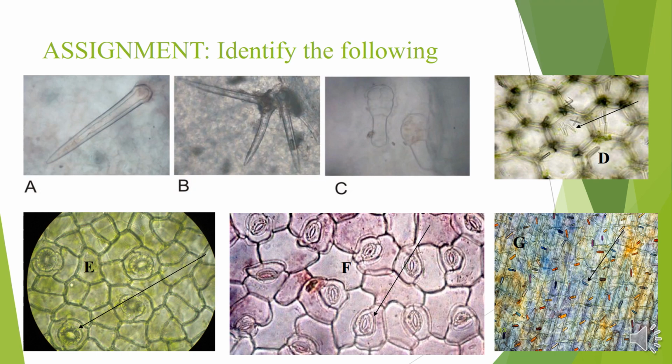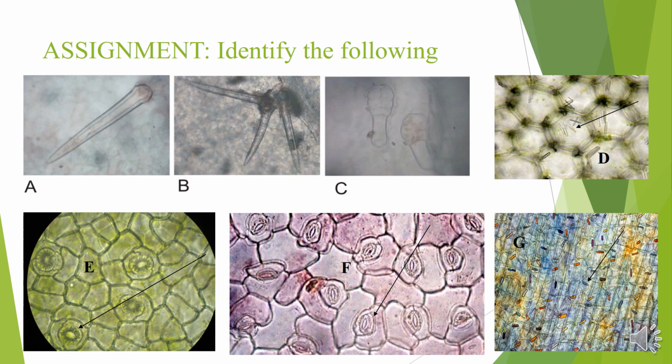Also you'll be able to see the stomata, and each plant has its own type of stomata. Sometimes you can have two stomatal types occurring in one plant, but every plant has its own signature. So these are some of the things that you need to note when dealing with diagnostic characters in your leaves.